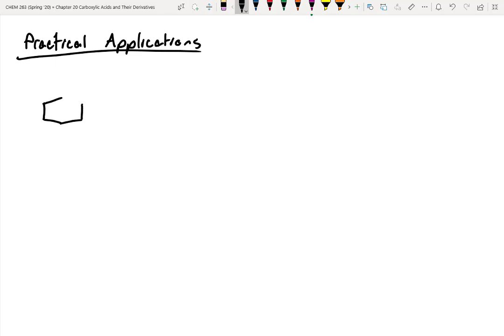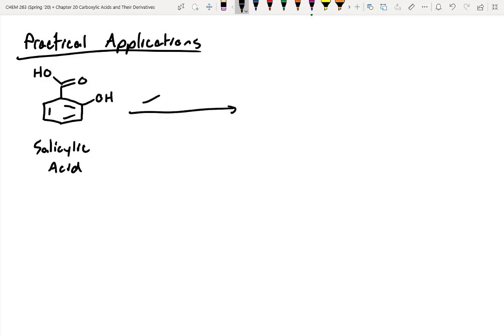The first one's pretty interesting: we can take this starting material that's a benzoic acid derivative, but it's got an alcohol coming off of that ortho position. This is referred to as salicylic acid. It's a commonly available starting material. And we can react this with an anhydride. Specifically, this is the anhydride of acetic acid, so this is acetic anhydride.